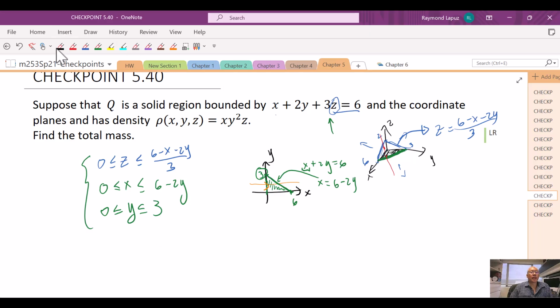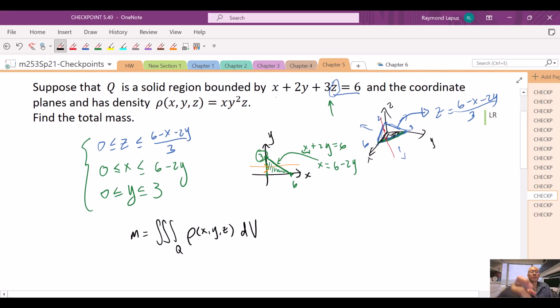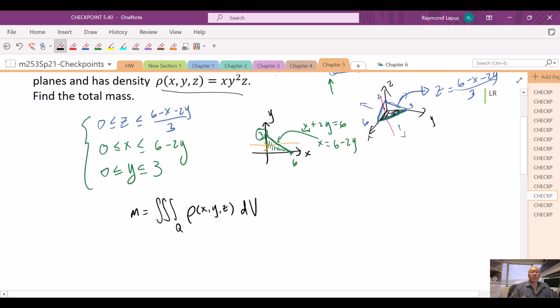All right, now to find the total mass. The total mass is going to be given by a formula of the triple integral over whatever solid you're looking at, of the density function dV. So we have our density function, we have our Q limits all figured out, so I think we can get this written up.